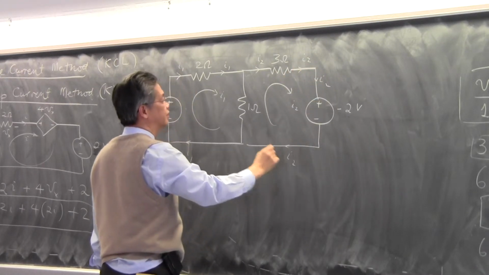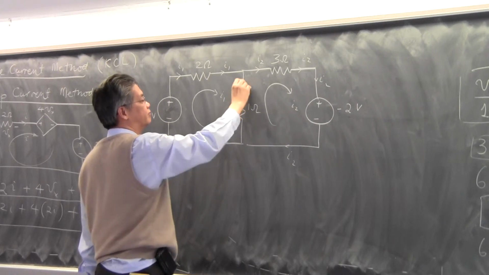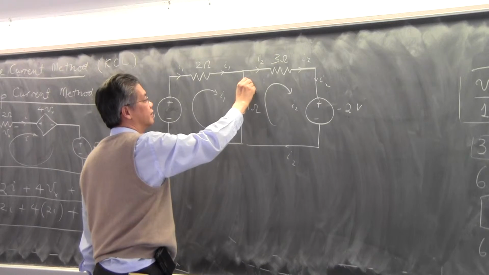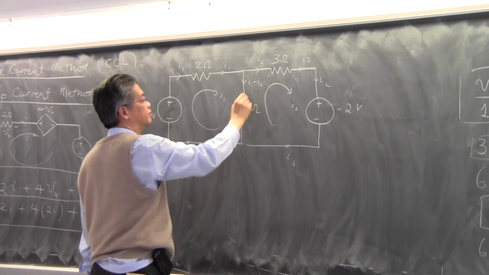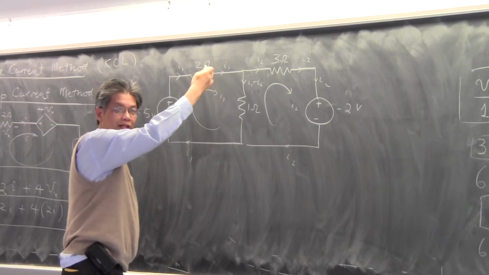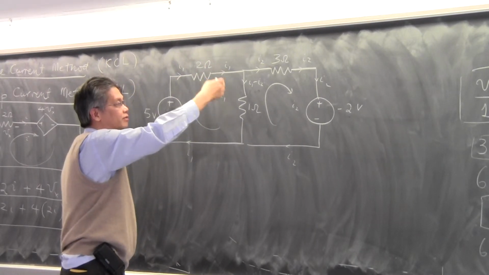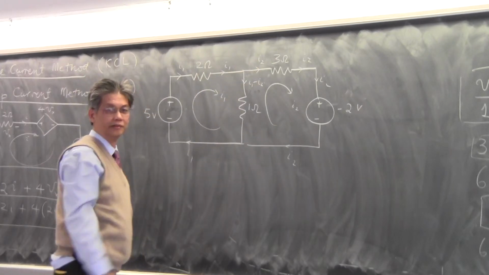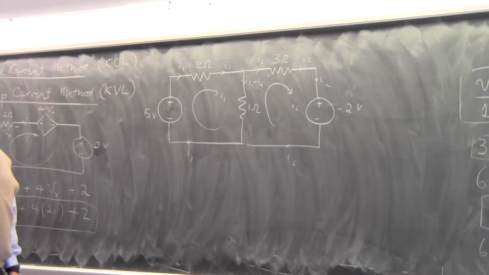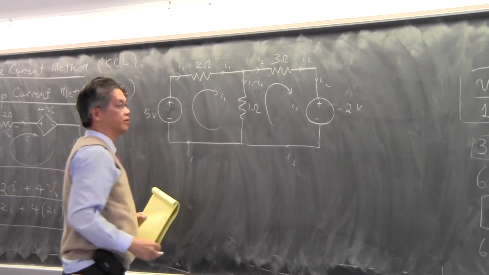And over this branch over here, it is I1 minus I2. Both kinds of currents flow on this common branch, which is common to both the loops. So this current should be I1 minus I2.